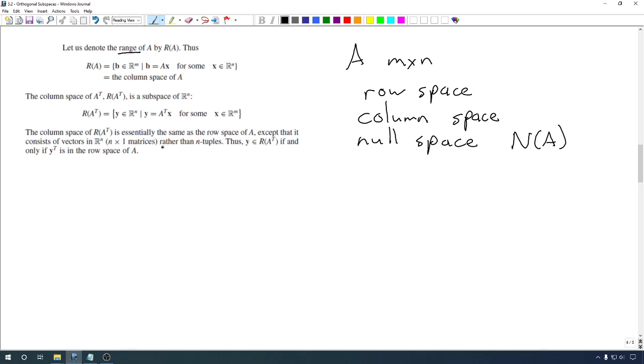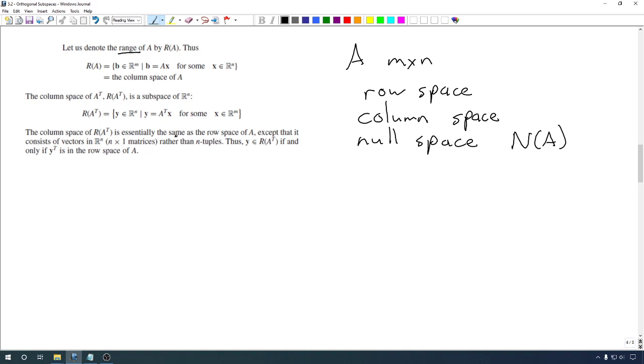Now, remember the book is being picky about whether we refer to the rows of A as row vectors or column vectors, and I'm not making that distinction here. So it's saying that a vector y is in R of A transpose if and only if y transpose is in the row space of A. I'm just going to refer to R of A transpose as the row space itself, because that's really how you want to think about it anyway.